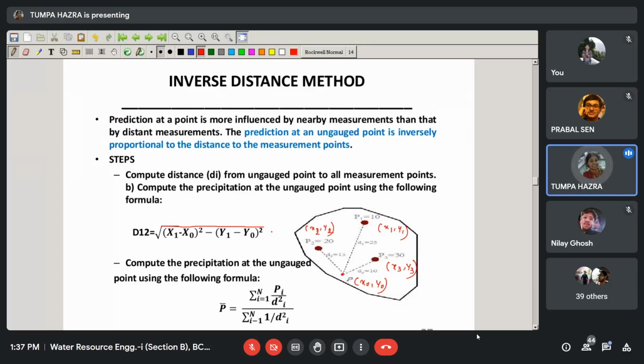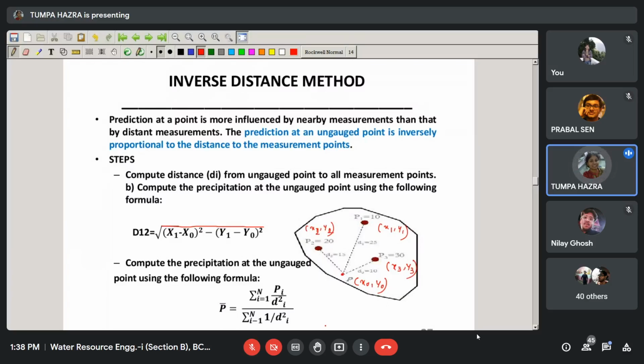Now, whenever you have obtained those distances, you can calculate the data of the 0th station by applying the inverse distance method, which is equal to summation i equals 1 to n of pi by di square, divided by summation i equals 1 to n of 1 by di square.